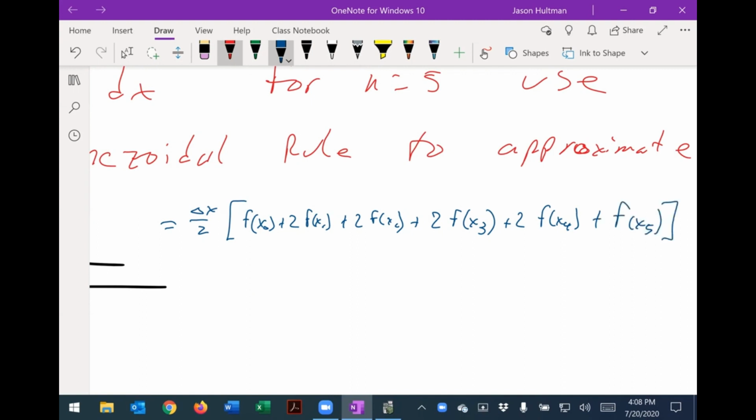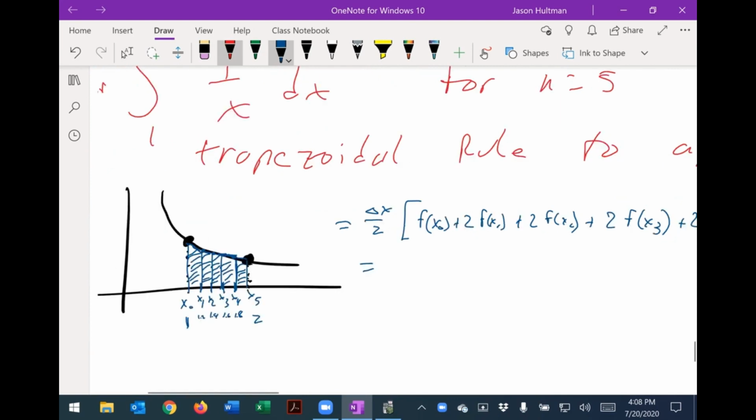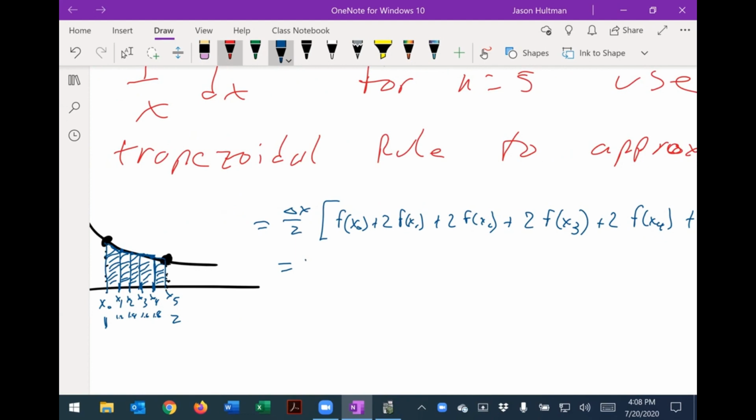So what's delta x? Well, delta x in this case is 0.2, right? So this is 0.2 over 2, which is 0.1, times f of x sub 0. What's that?